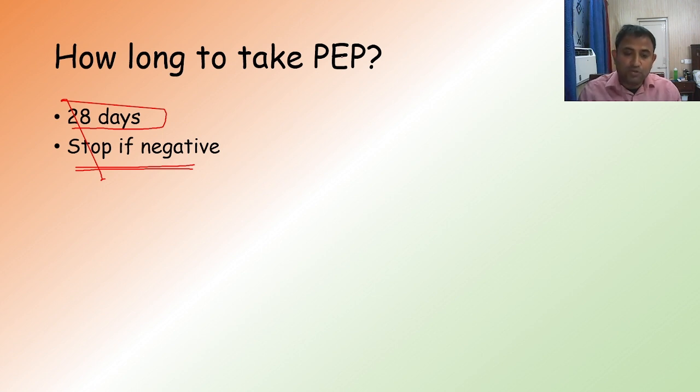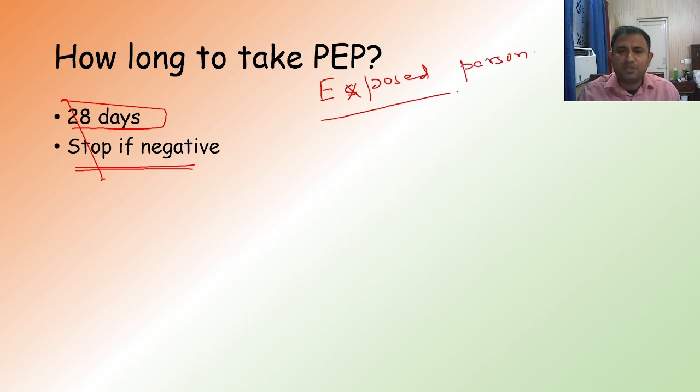Now, how should the exposed person be tested, or how often should the exposed person be tested? First, you test at 0 weeks, then you test at 2 weeks, then at 6 weeks, and then at 12 weeks.